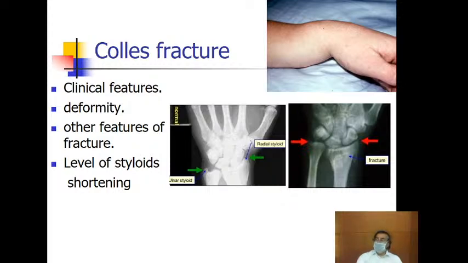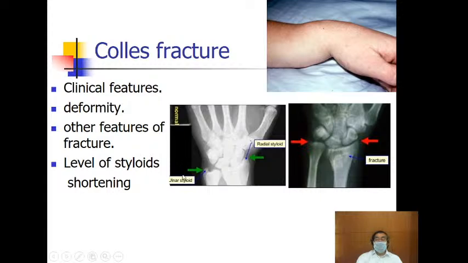We all know that there should be a crepitus, there should be an abnormal mobility to diagnose a fracture. But that doesn't mean that in each and every fracture you try to elicit these things. With a history of fall and a deformity like this, you can easily make out a diagnosis of Colles fracture, which can be easily proved with radiology.